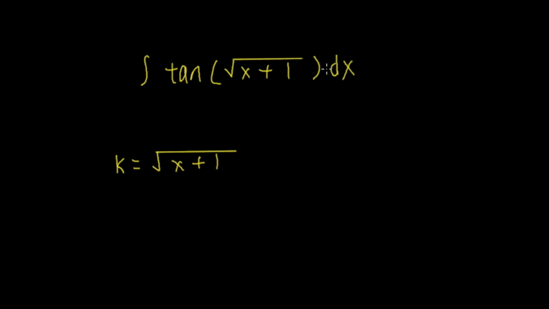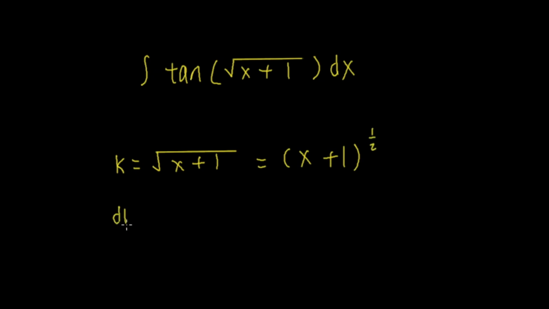We also need to replace dx with dk. So how do we do this? We have k in terms of x here. All I need to do is take the derivative of k with respect to x. So square root of x plus 1 is also equal to x plus 1 to the power of 1 over 2.